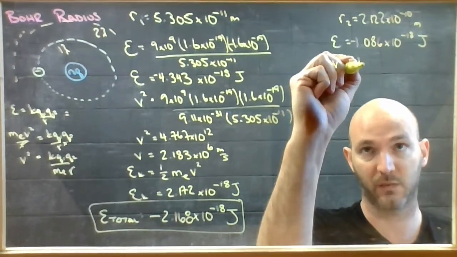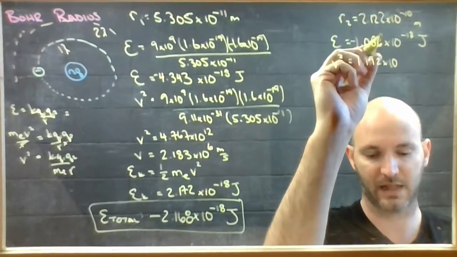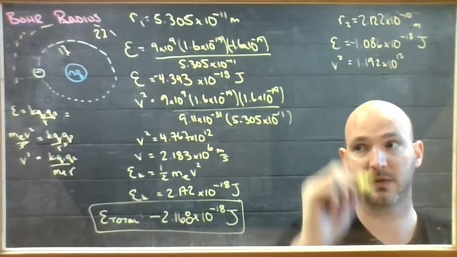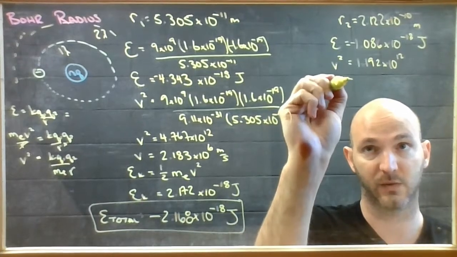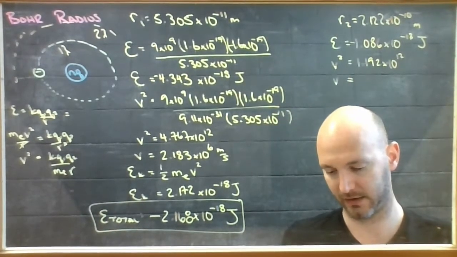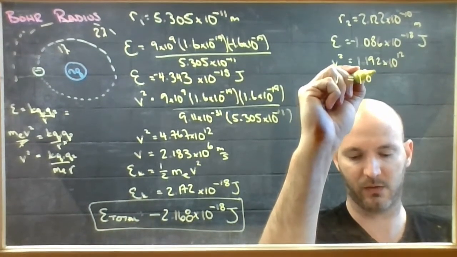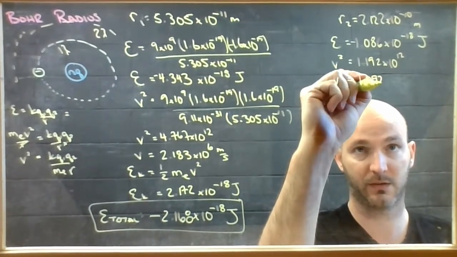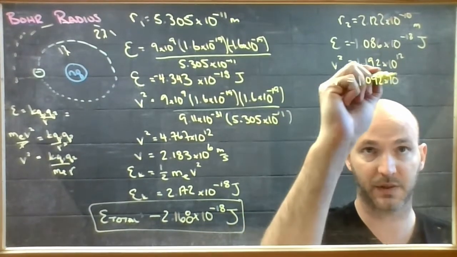My v squared will be 1.192 times 10 to the 12, which is smaller than that one. So speed would be the square root of that, which gives me 1.092 times 10 to the 6. Yep.